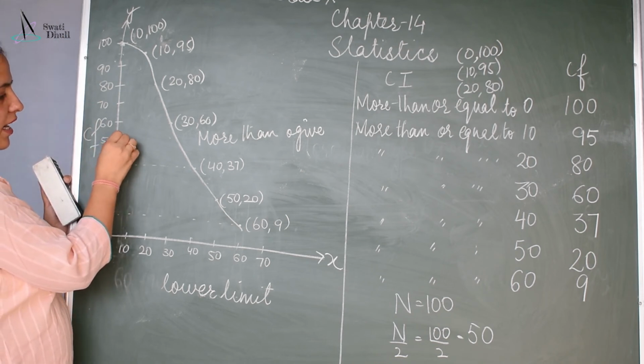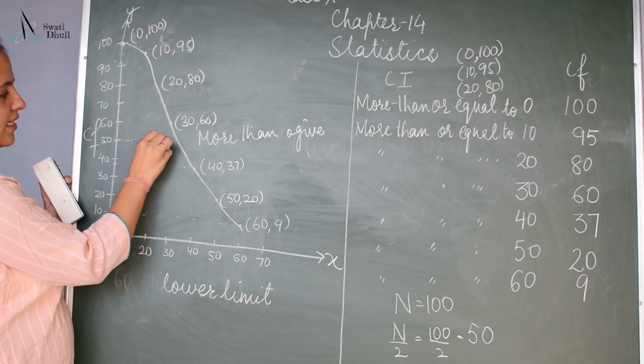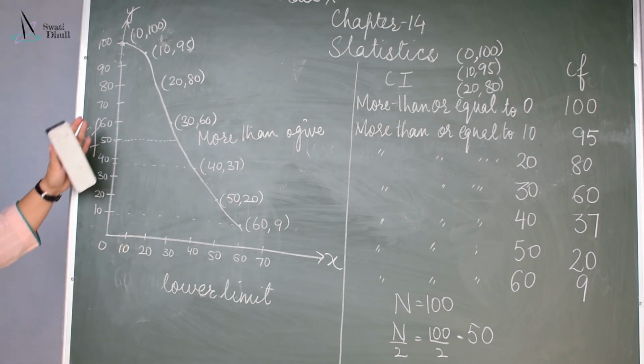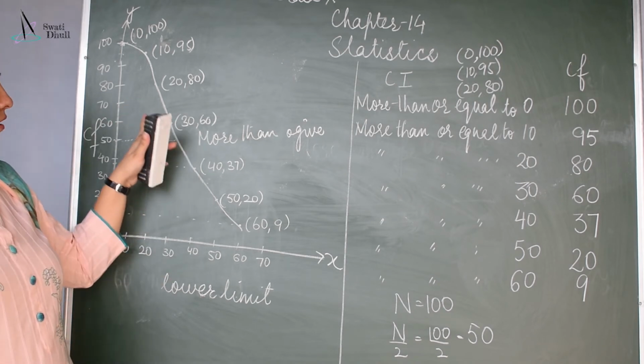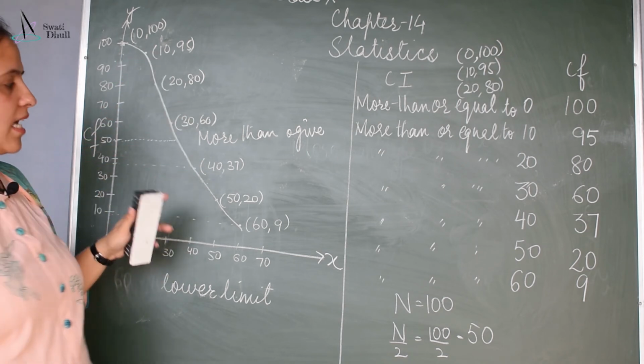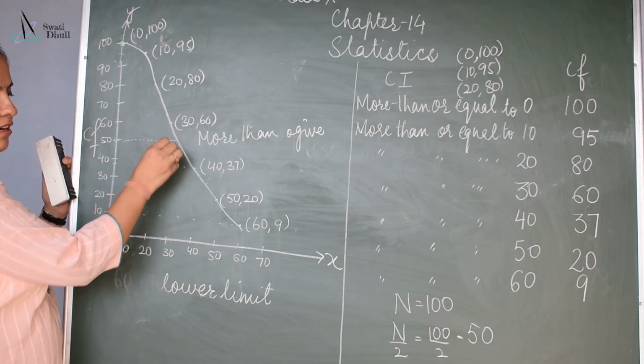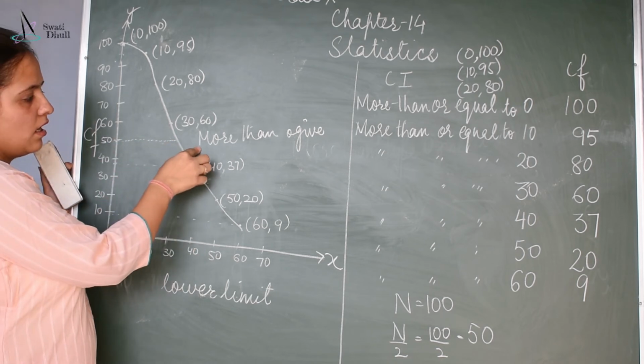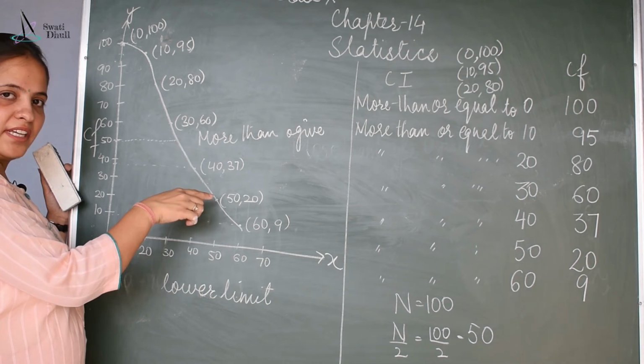I will draw a line parallel to x-axis on this graph, and then this line parallel to x-axis will intersect at some point on the more than type ogive.